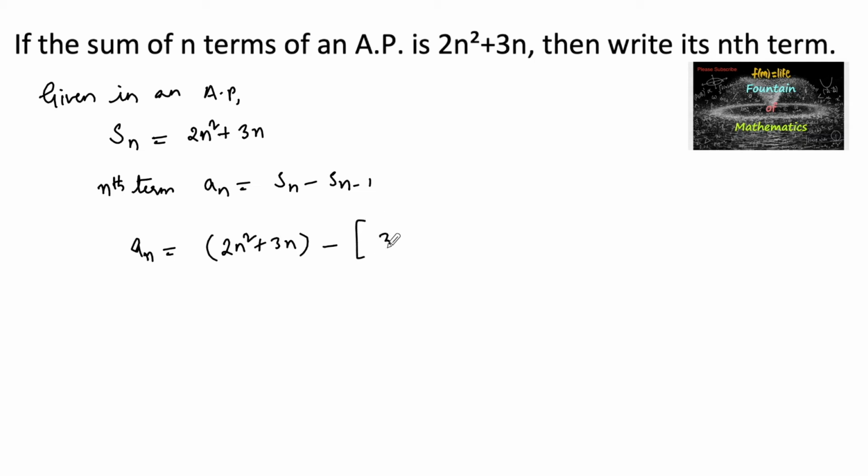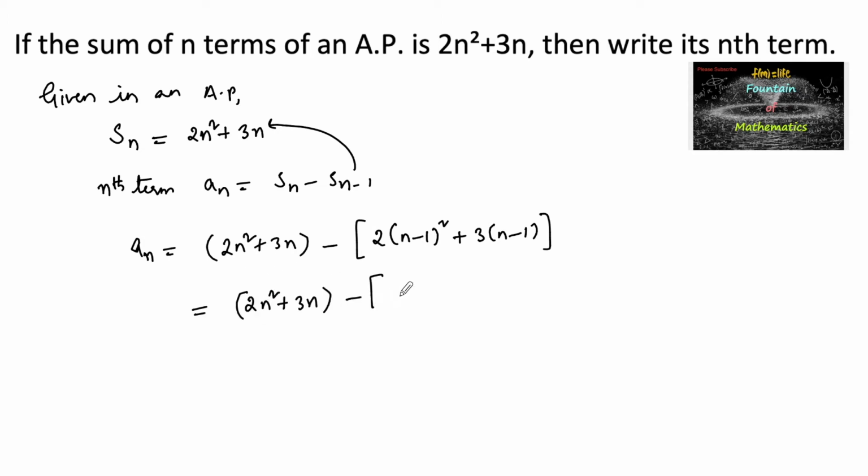We can use it as 2 times (n minus 1) whole square plus 3 times (n minus 1), by substituting n minus 1 in place of n. So we get 2n square plus 3n minus, let us simplify this, 2 times (n minus 1) whole square, that is n square minus 2n plus 1, and here plus 3n minus 3.